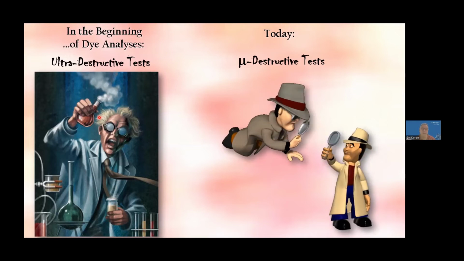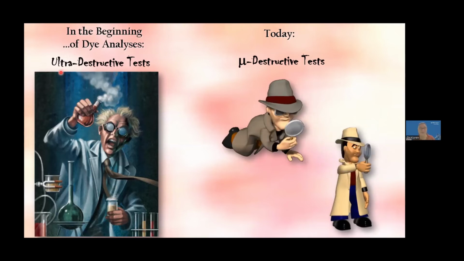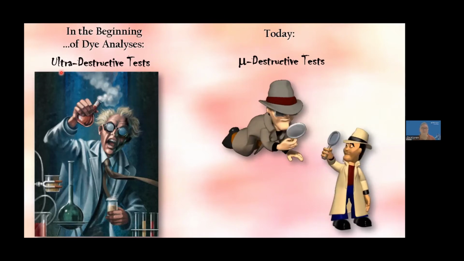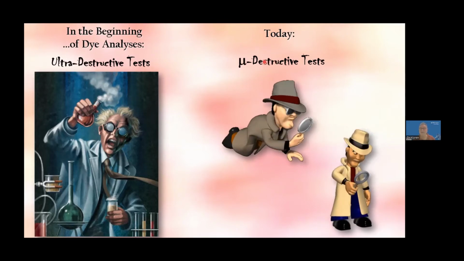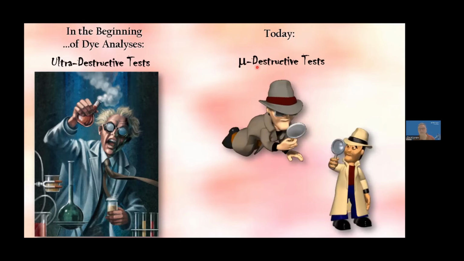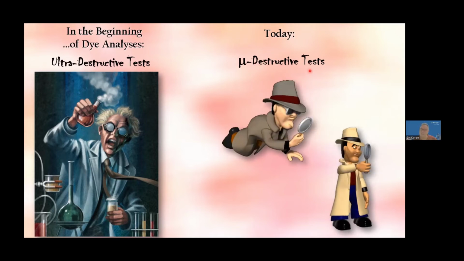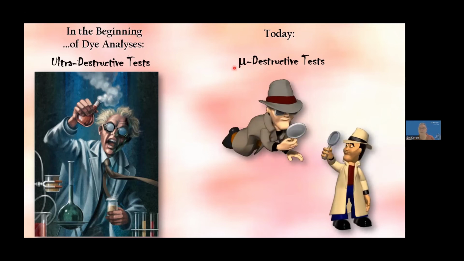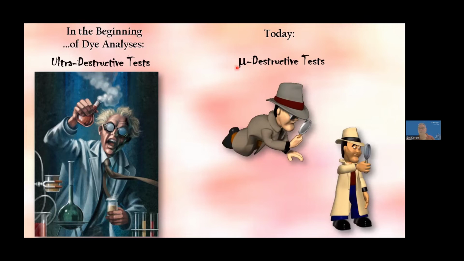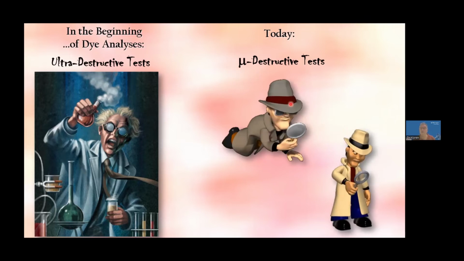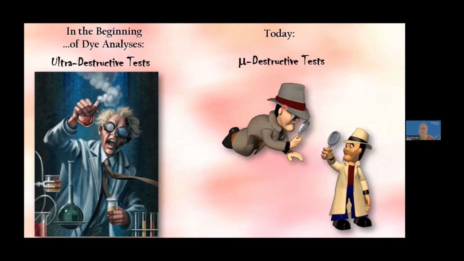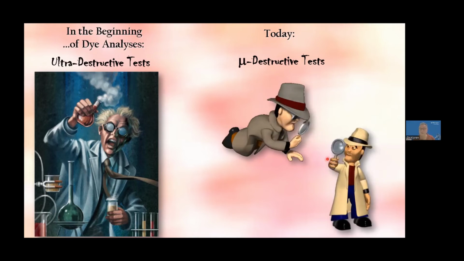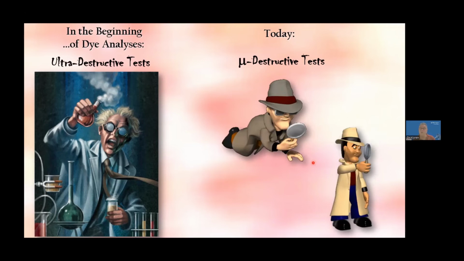But maybe I'm exaggerating a bit, but you needed ultra macro materials relative to what we need today. Today, the sampling, I should say, is micro-destructive. Not only that, I say it's even nano-destructive. If you can see it with a magnifying glass, as Sherlock Holmes is seeing right over here, that's big enough in order to do the sample.